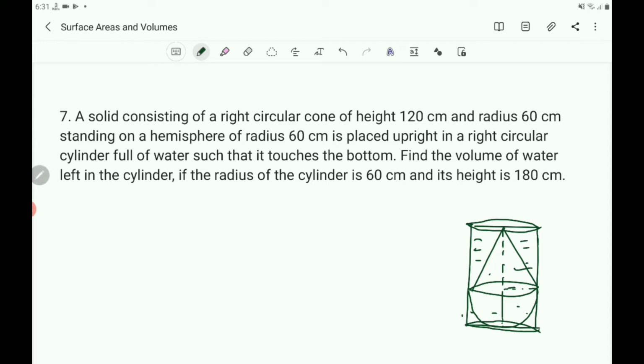So if you get the volume of the cylinder and the volume of the solid, by subtracting the volume of the immersed solid from the volume of the cylinder, you will get the volume of the water left in the cylinder. So here the water left in the cylinder is equal to the volume of the cylinder minus the volume of the solid, which is a cone surmounted on a hemisphere. Now take the solution.